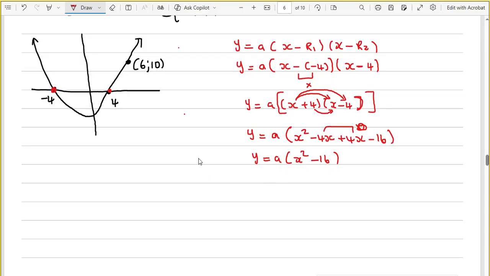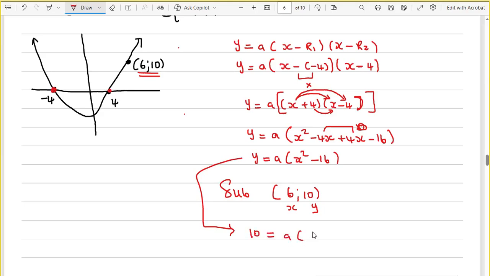Now that's when you're going to substitute that point to find a. You're going to sub the given point of (6; 10). This is your x, this is your y. Where there's y from this equation, you put 10, and where there's x, you put 6. So this will be (6 squared minus 16).